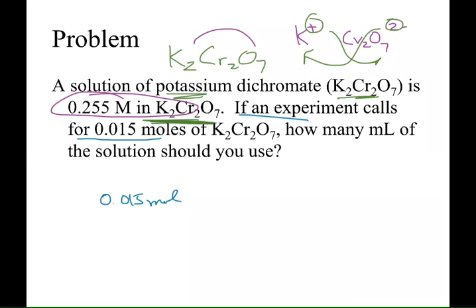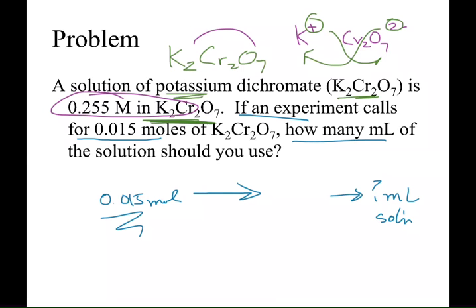There's only one thing here, so I don't have to be explicit about that. Moles of solute, moles of K2Cr2O7. How many milliliters? So that's my question over here. Question mark milliliters of solution do I need to measure out to get this moles of K2Cr2O7?